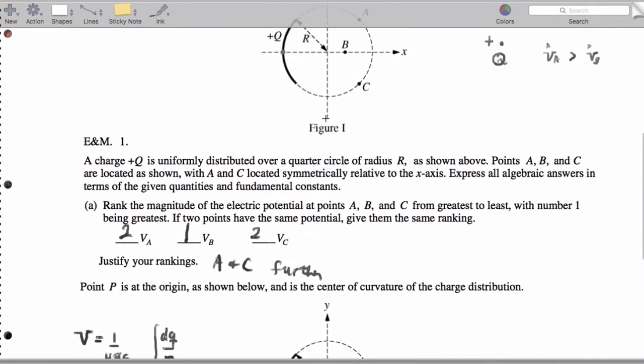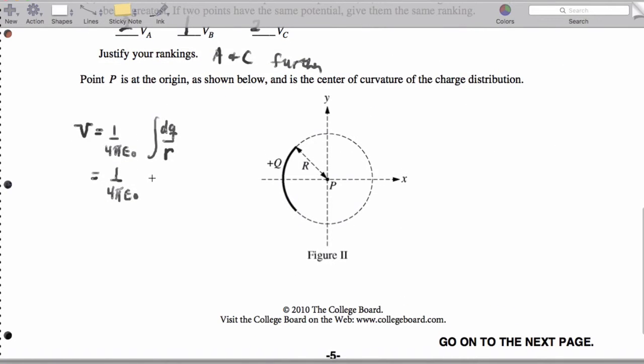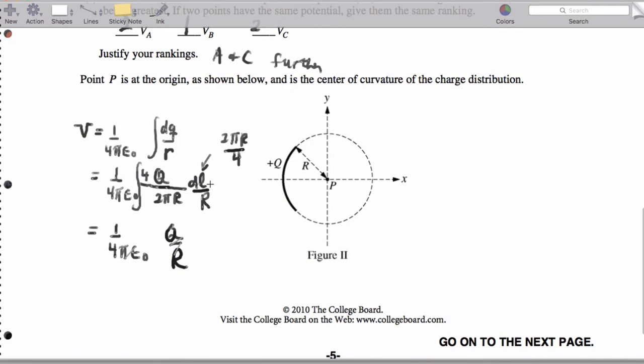We're told that this is a quarter circle, so that's going to be Q over 2 pi r over 4, times dl over the radius. We're going to integrate that. dl is just our quarter circle, so I'm getting 1 over 4 pi epsilon naught Q over r, because this integrates to 2 pi r over 4, and that'll cancel.